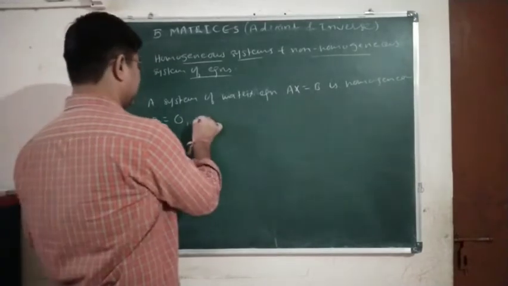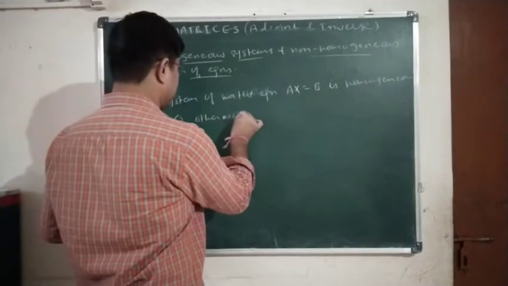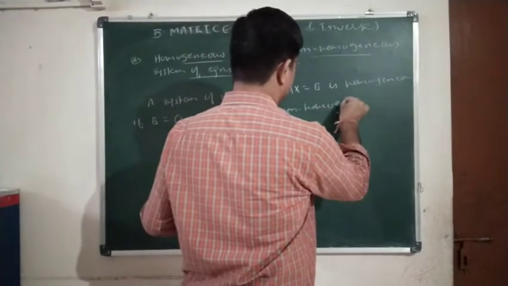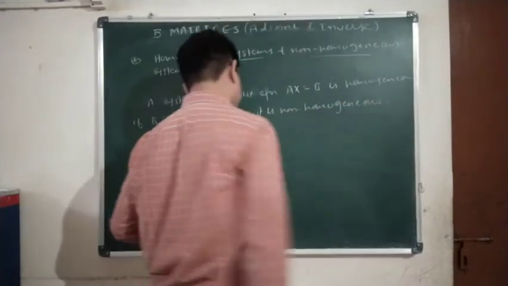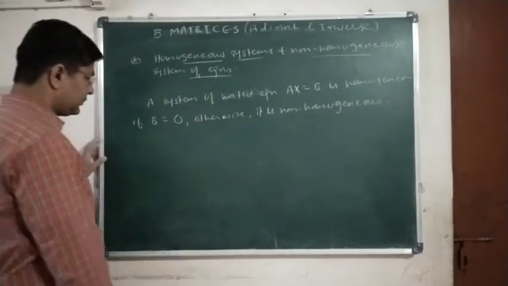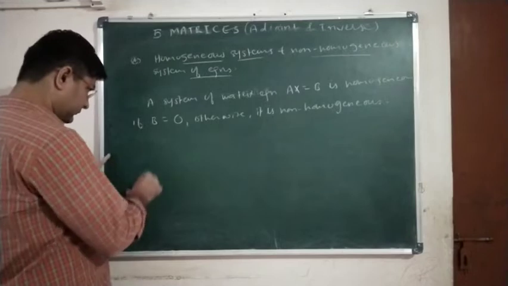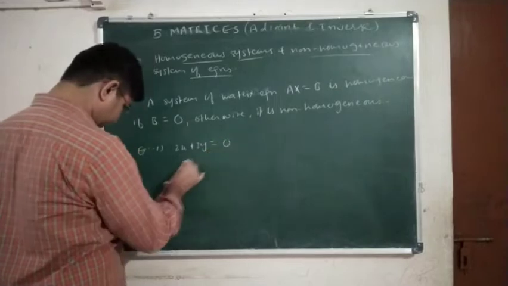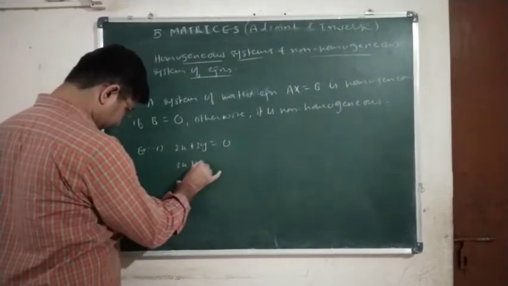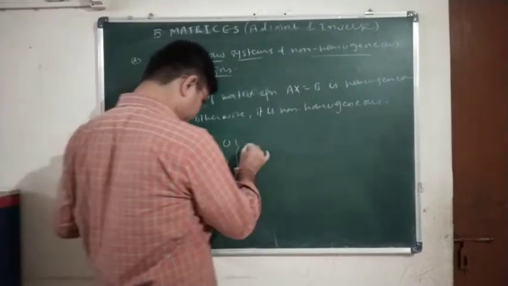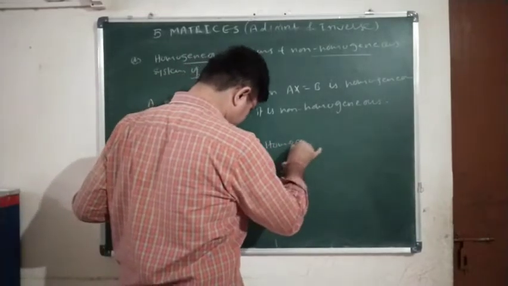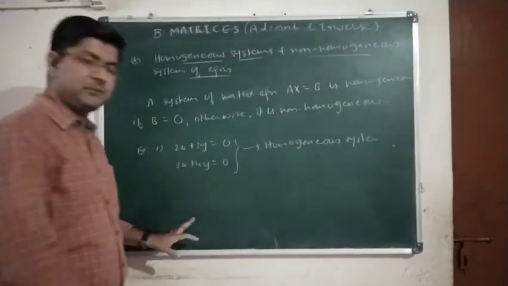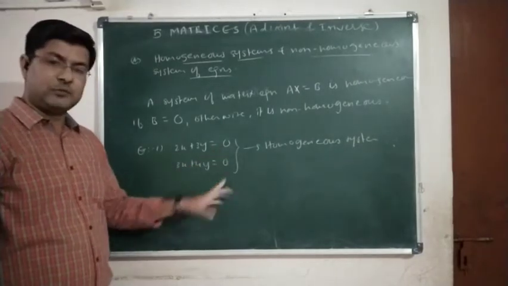Otherwise it is non-homogeneous. Clear? Further, let us take one example. 2x plus 3y is equal to 0 and 3x plus 4y is equal to 0. This is a homogeneous system, since matrix B will be the zero matrix. Clear?